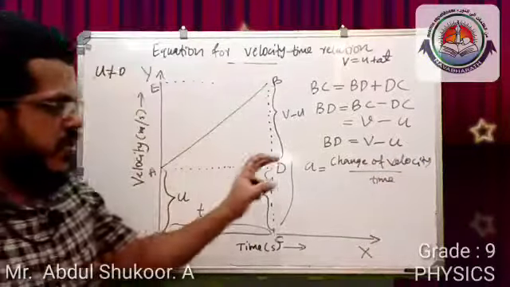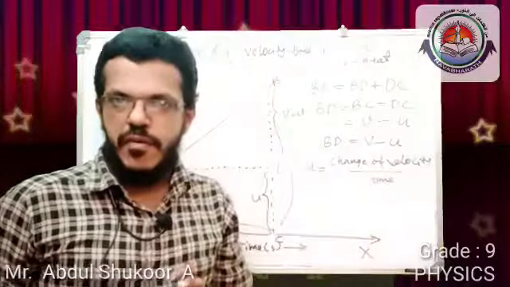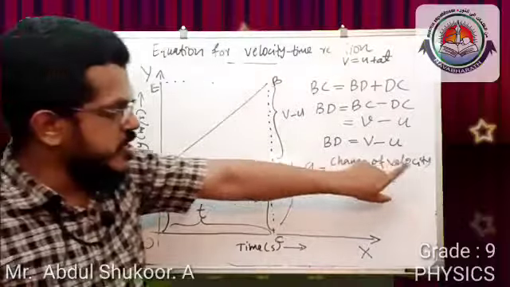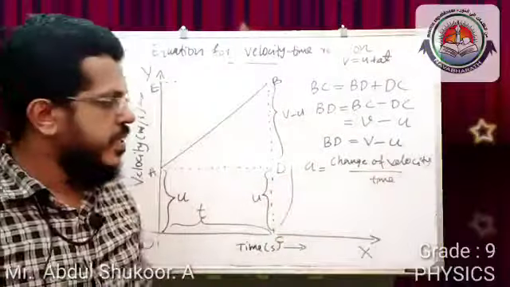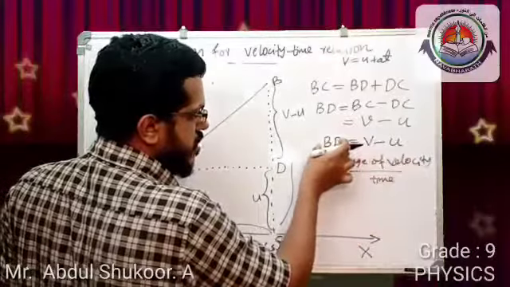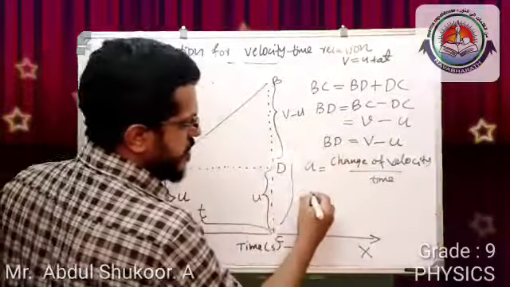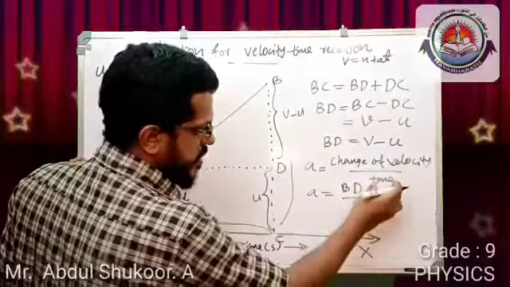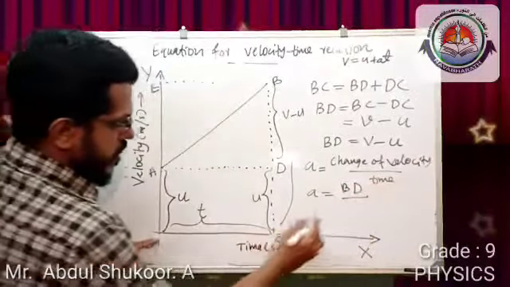Acceleration is the rate of change of velocity. We already learned that. Then we can represent a is equal to change of velocity by time. Here the change of velocity is BD. That means a is equal to BD by the time interval. What is the time interval here? OC.